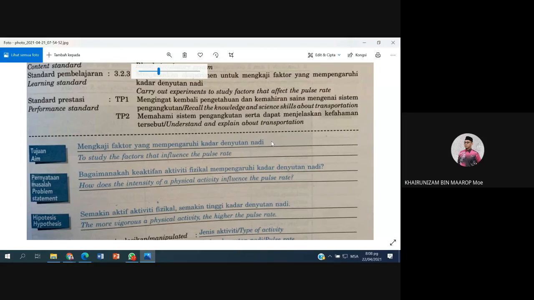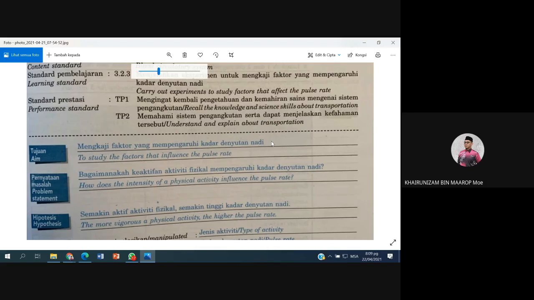Another factor is body health. People with high blood pressure and high disease have higher pulse rates. Sometimes a person suffering illness has a low pulse rate. So we, as normal persons with good body health, must have a normal pulse rate.